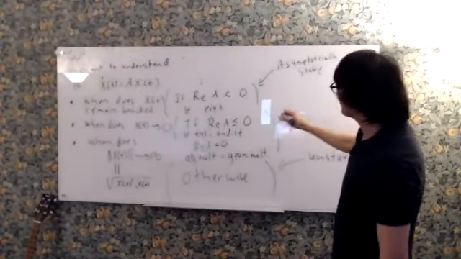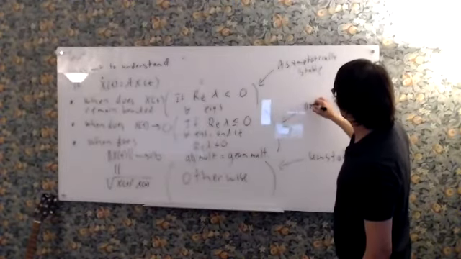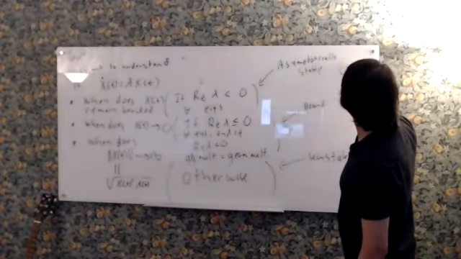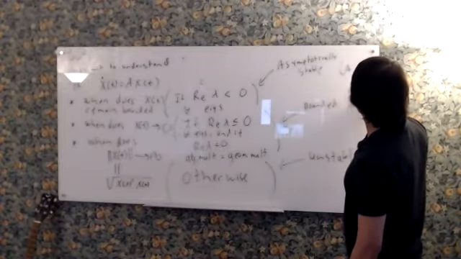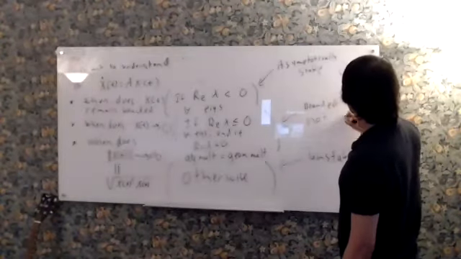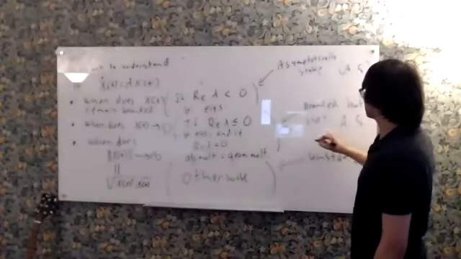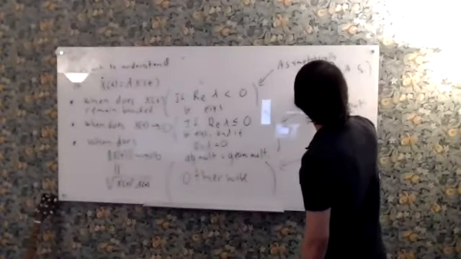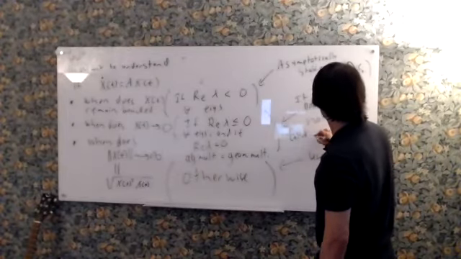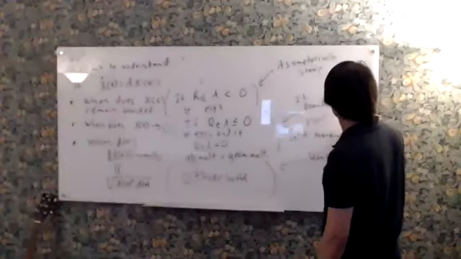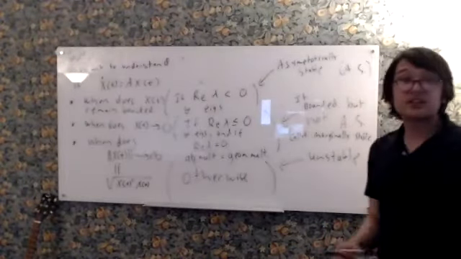And if it remains bounded but is not asymptotically stable, it's called marginally stable. And otherwise, it's called unstable.